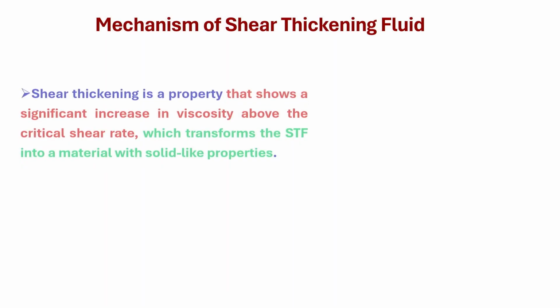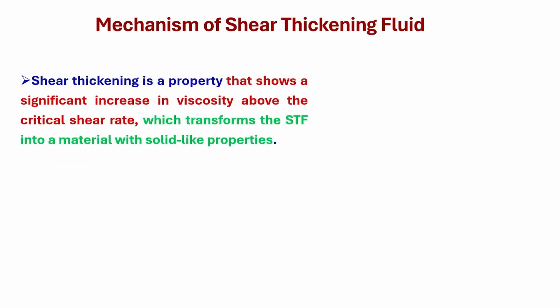The mechanism of shear thickening fluid is that shear thickening is a property that shows a significant increase in viscosity above the critical shear rate. That is important. Above the critical shear rate, the viscosity increases to a great extent, so that it acts as a solid material.